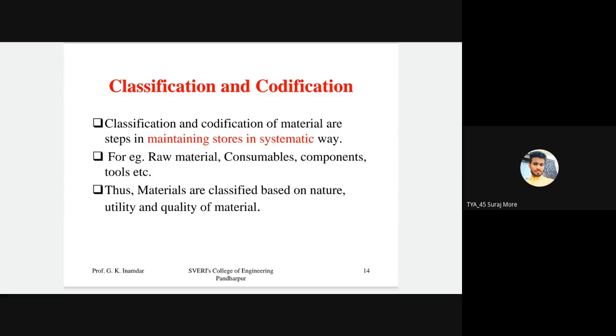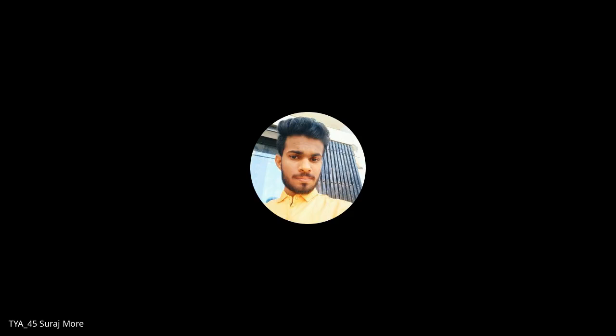What is codification? Different items require nomenclature for the purpose of identification and the convenience of storage and issue of the material. Those who have experience of industrial working might know.